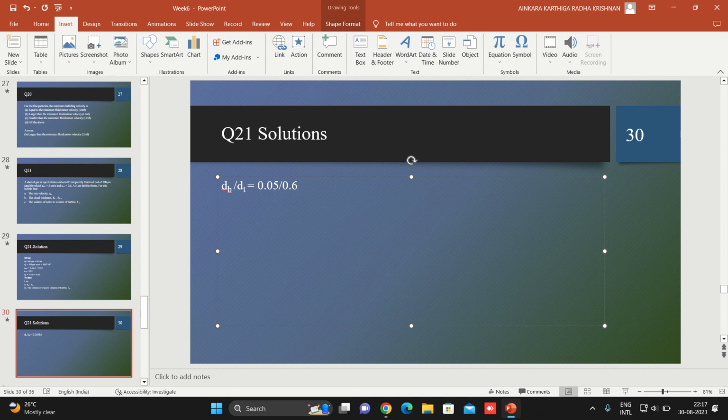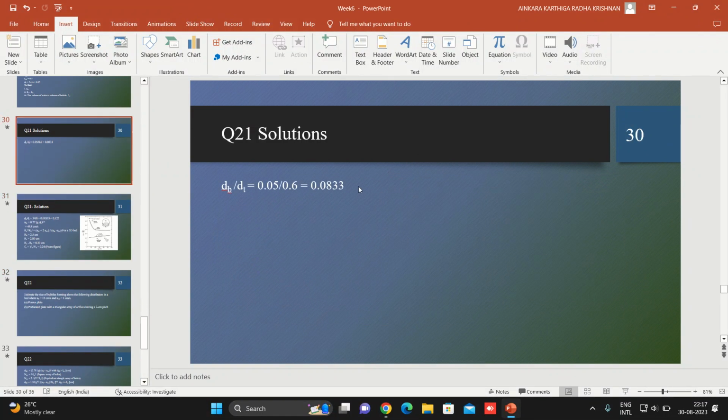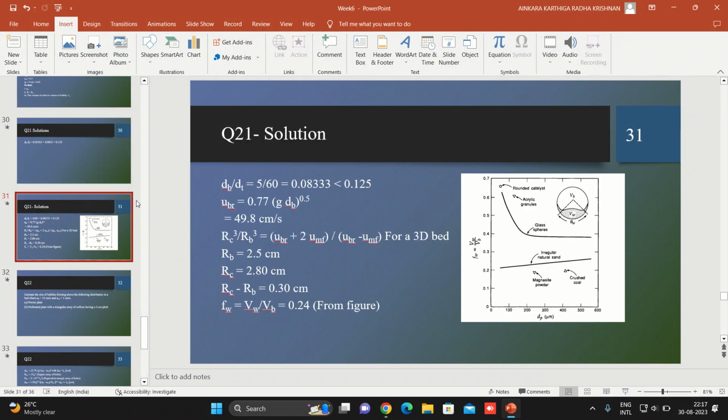So guys, please take a pen and paper and solve alongside me so that it would be easier for you when you are dealing with the same problem in the future. 0.05 divided by 0.6 is nothing but 0.0833. It is less than 0.125. This is just a criterion enabling us to use a certain formula, which is this one.